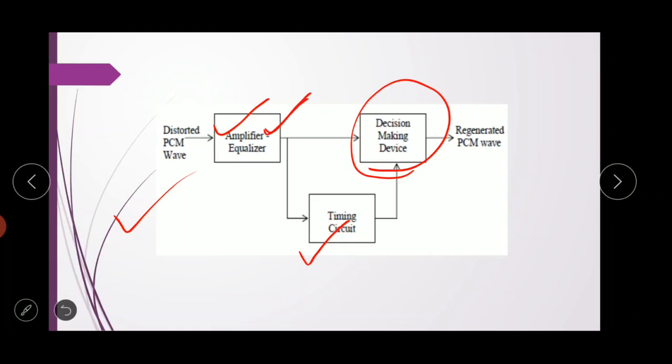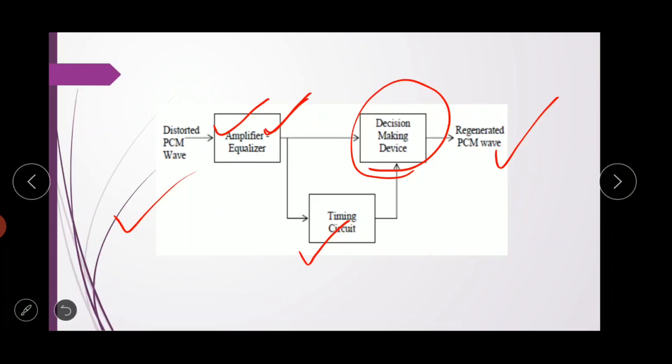The decision device decides whether the equalized PCM wave at its input has 0 value or 1 value at the instant of sampling. Such a decision is made by comparing the equalized PCM with a reference signal. At the output of the decision device, we get a clean PCM signal without any noise.